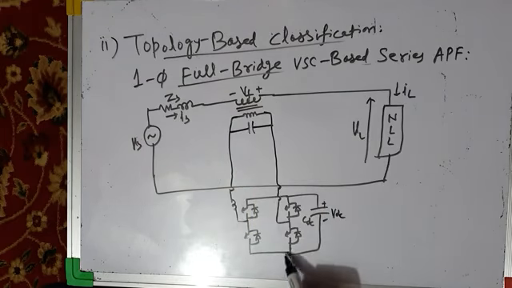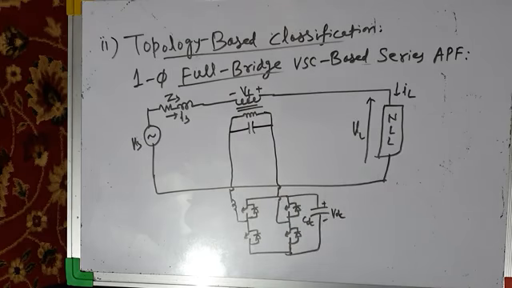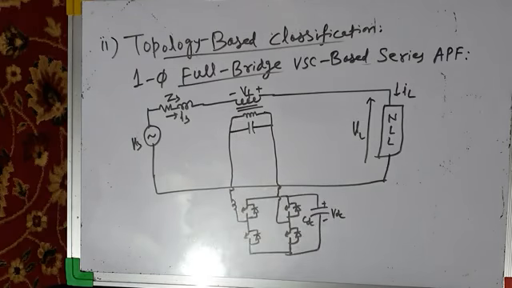So this is the full bridge voltage source converter based series active power filter. That is the classification of series active power filters on the basis of topology: the single phase half bridge VSC based and the single phase full bridge VSC based series active power filter.